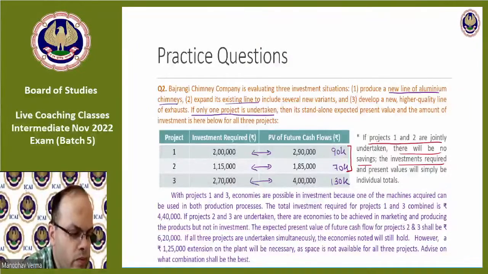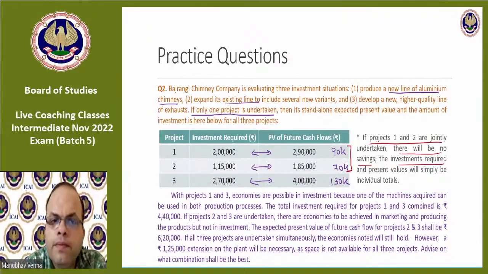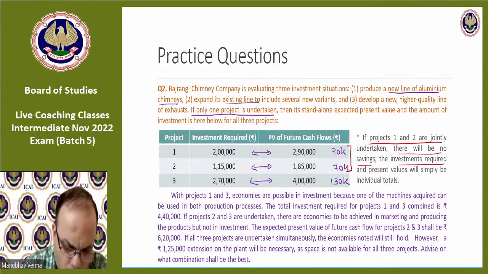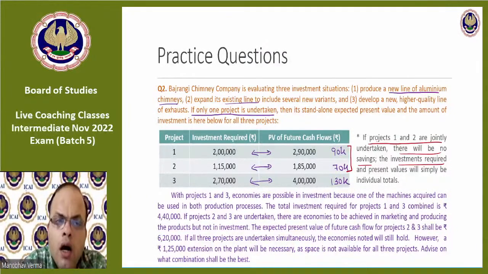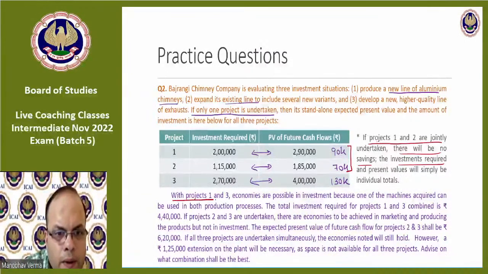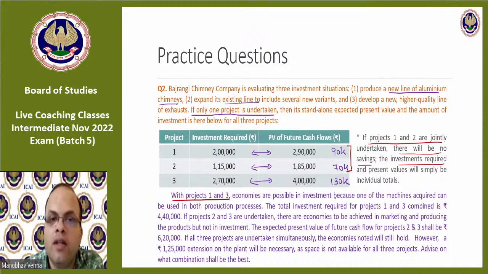Now, that is a similar setup. Let us look at the other possible combinations. With projects 1 and 3, economies are possible in the investment because one of the machines, now this is interesting.